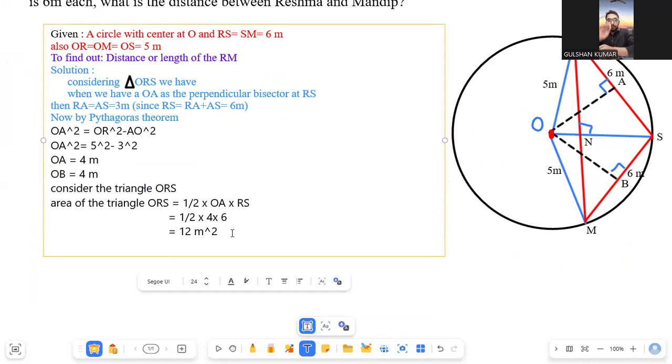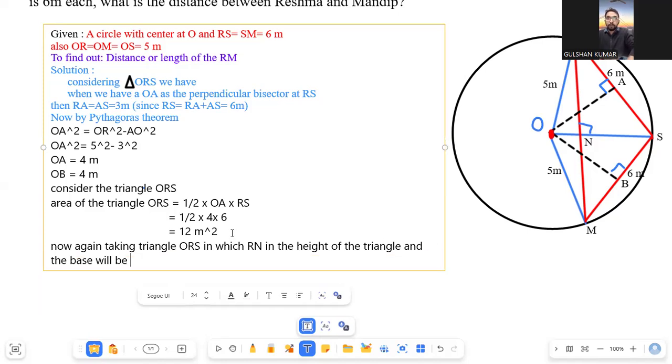Now again, taking triangle ORS in which RN is the height of the triangle, and the base will be OS equals 5 meter.